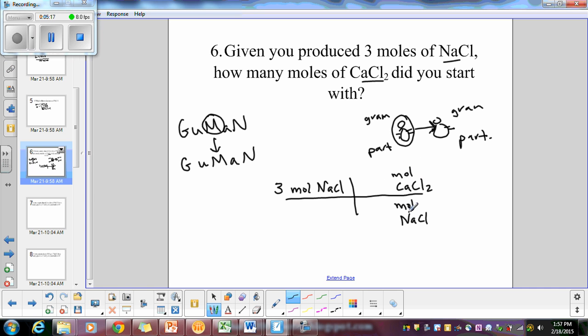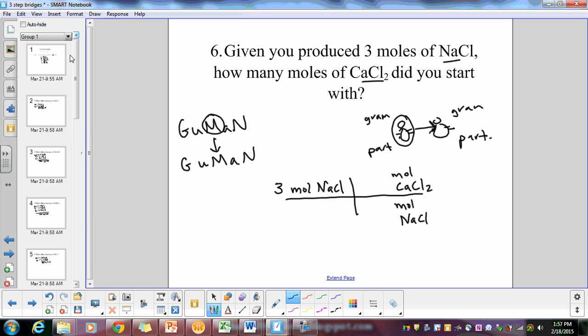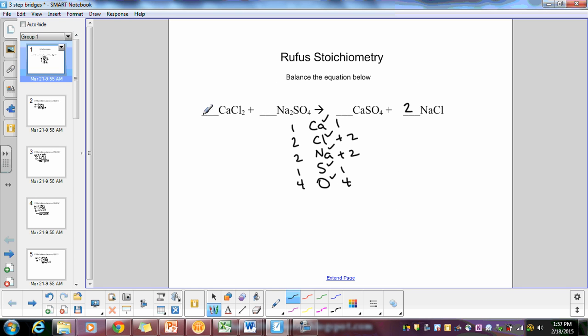Remember, when I have moles and moles, I look at my balanced equation because I need the coefficients for that. So I'm going to look back up here. I'm going to see that my coefficient for CaCl2 is 1, and my coefficient for NaCl is 2.